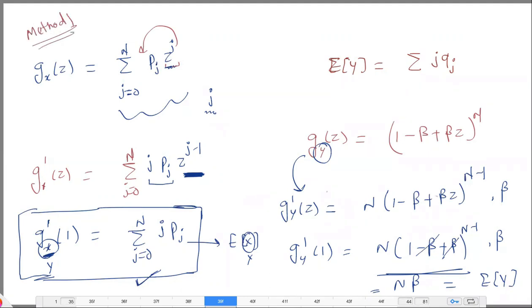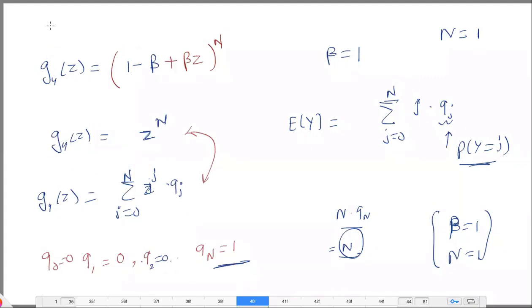I agree this was a tough question, but if you just plug in the values, then also you can do this question. Let's say this is method 2, where we have plugged in β equal to 1, right?